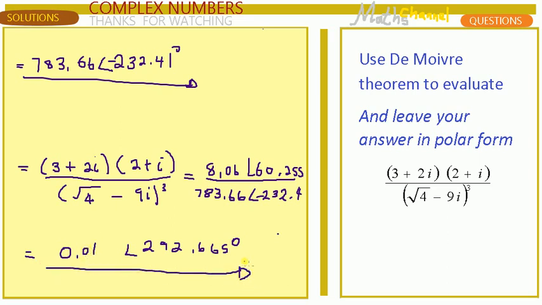So this is the answer we have converted to polar form.